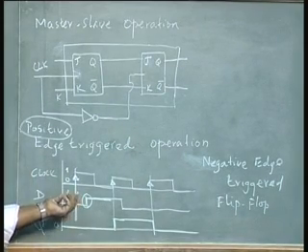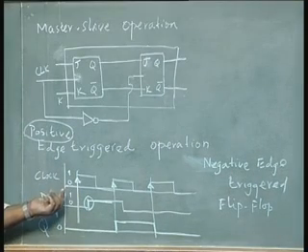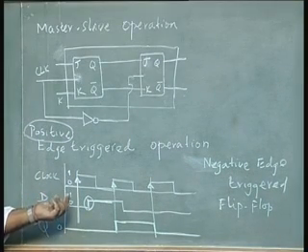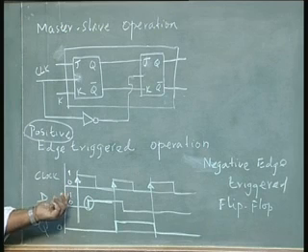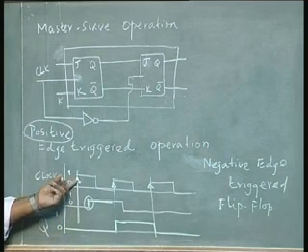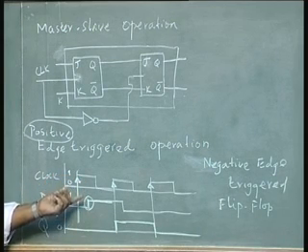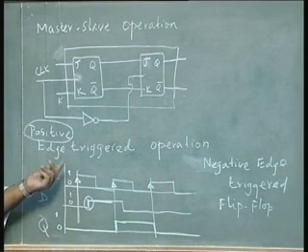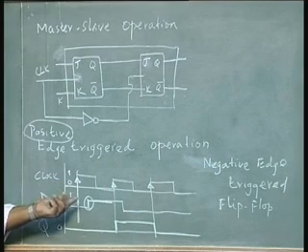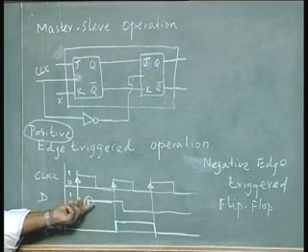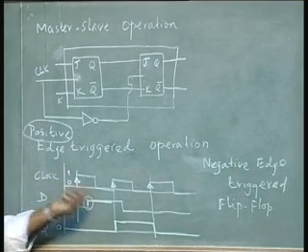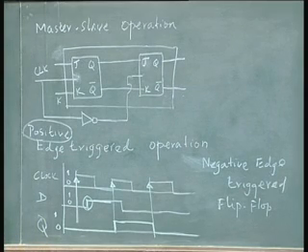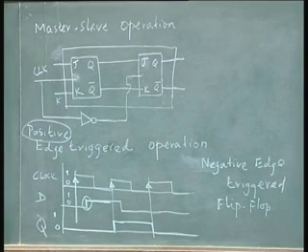On the other hand, we have an edge triggered operation where we will allow the output to change based on the input only once in a clock period. It can be at the positive edge of the clock or the negative edge of the clock. In one case it is called a positive edge triggered flip flop, the other case is called a negative edge triggered flip flop. And when doing so, we will still have to worry about the speed of operation decided by the propagation delay, but we do not have to worry about the toggling condition and all that racing condition.